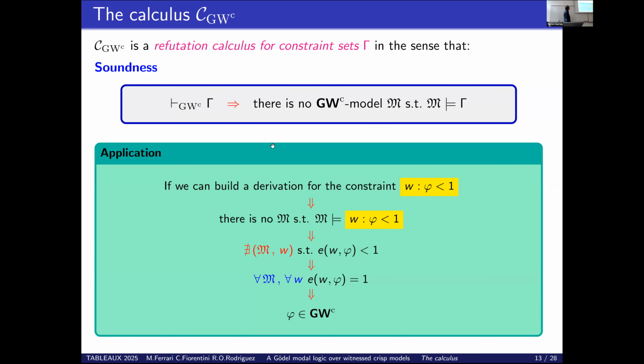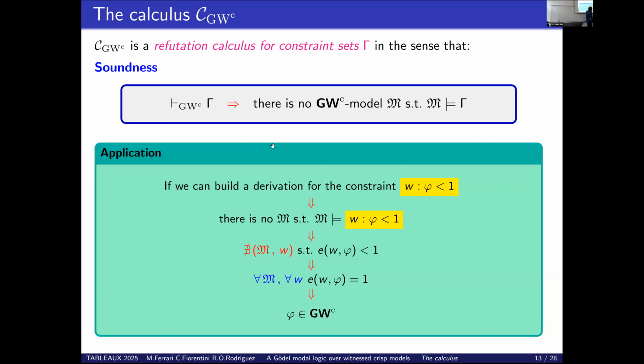The calculus is a refutation calculus in the sense that when we prove a set of constraints gamma, there is no model M such that the set of constraints holds in M. So we consider a constraint of this kind, and we have a derivation for this constraint.